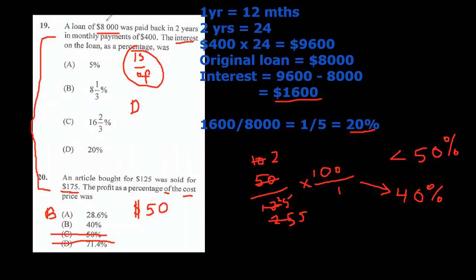Percentage of the original amount of the loan. Okay? No worries. That's the reason there, Tanisha. 125 was the original amount as the cost price here. They said get the profit as a percentage of the cost price. So it's going to be 50 over 125. That's going to give me 40%.